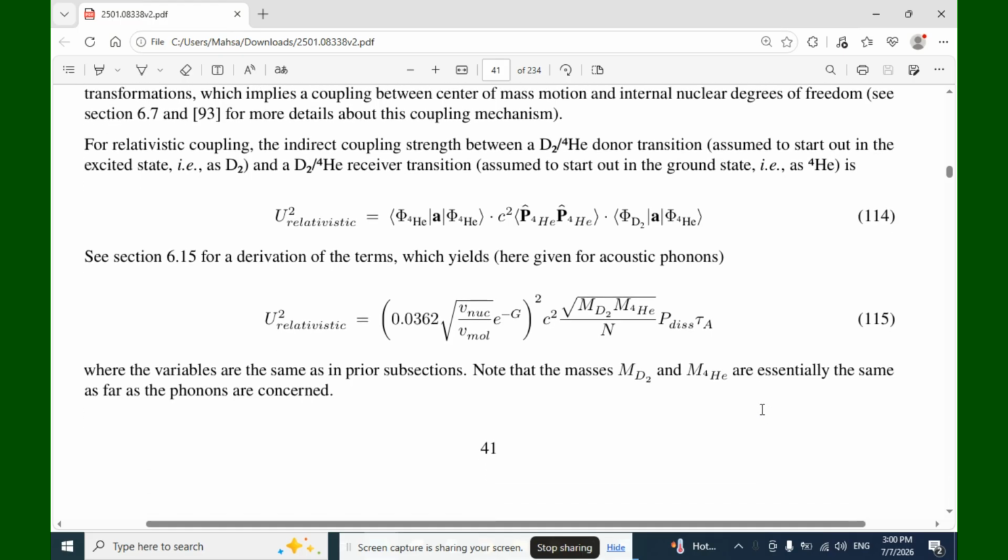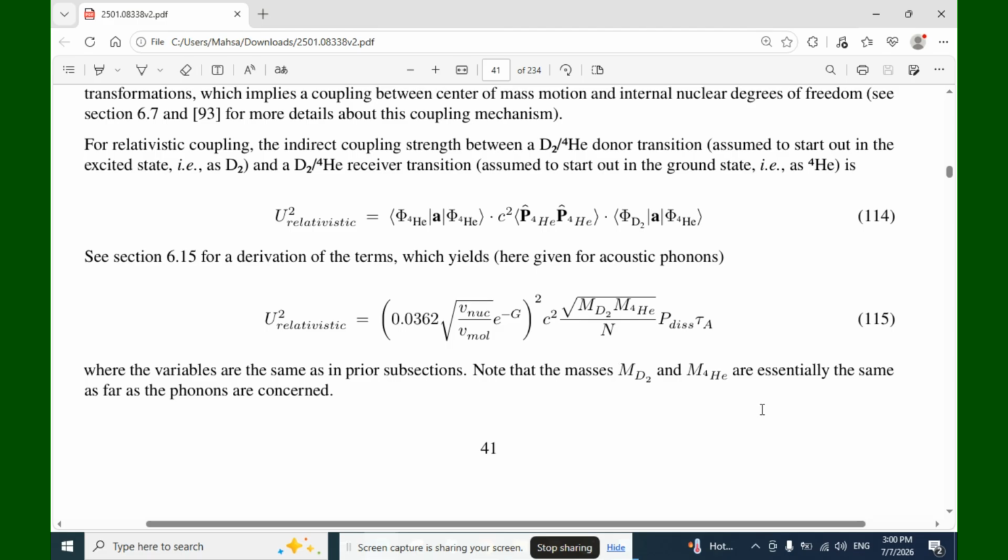For relativistic coupling, in the indirect coupling exchange between a deuterium-deuterium and helium-4, the donor transition is assumed to start out in the excited state, for example as deuterium-deuterium, and the receiver transition is assumed to start out in the ground state, for example as helium-4.